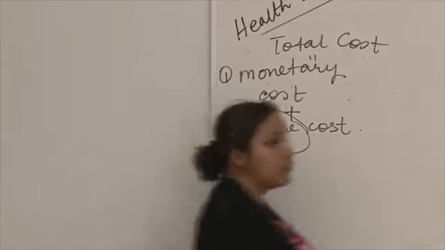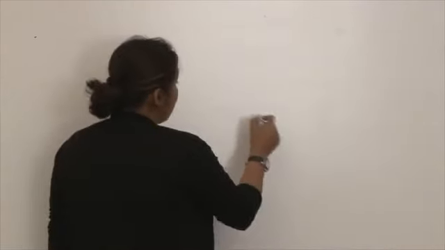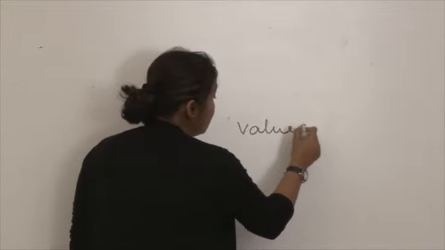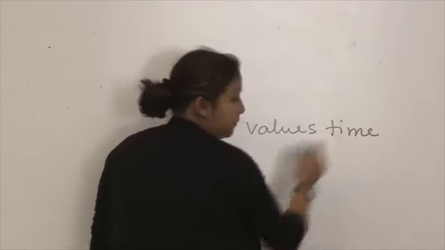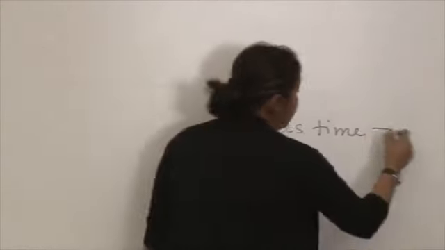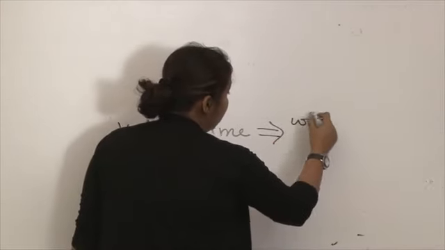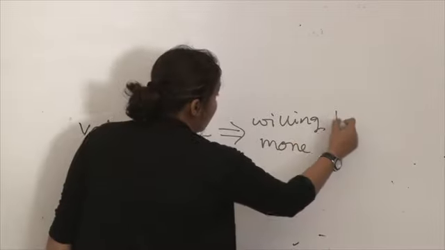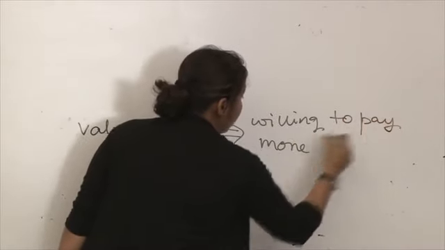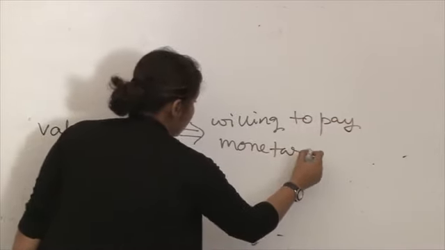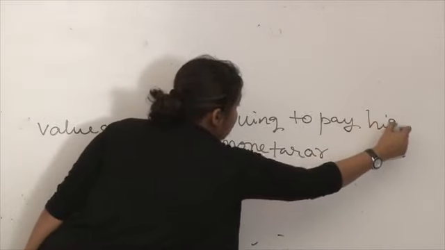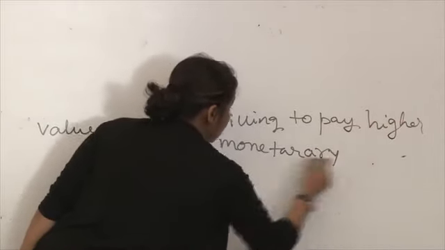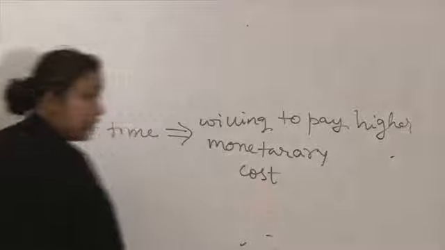So that means, what am I trying to say? I am trying to say that if a person values time, right, then that person will be willing to pay higher monetary cost. Okay.